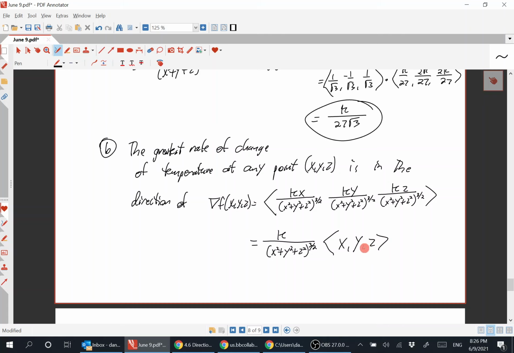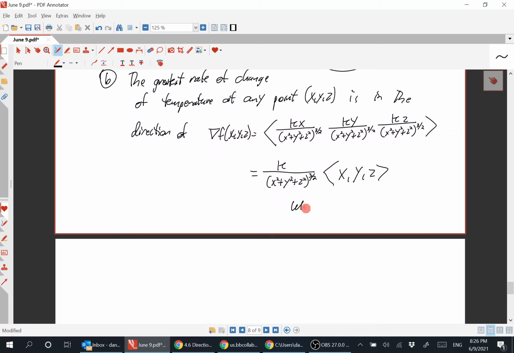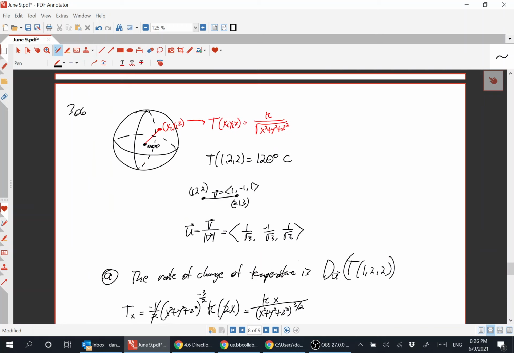Right, but that vector just points straight away from the origin, from the origin to x, y, z.